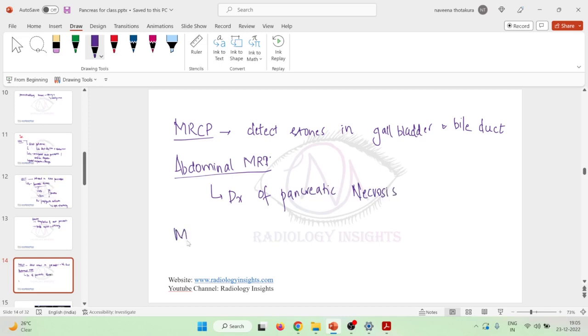This MRCP and MRI which we have dealt with now are done if the CT or ultrasonography is inadequate.